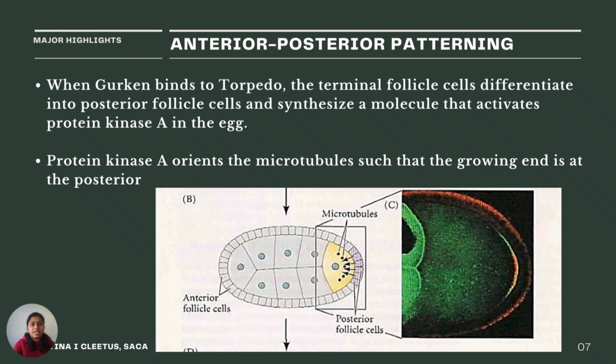When Gurken binds to torpedo, the terminal follicle cells differentiate into posterior follicle cells, and they synthesize a molecule that activates protein kinase A in the cell. The protein kinase A orients the microtubules in such a way that the growing end is at the posterior tip. That's the plus end faces towards the posterior region of the egg chamber.